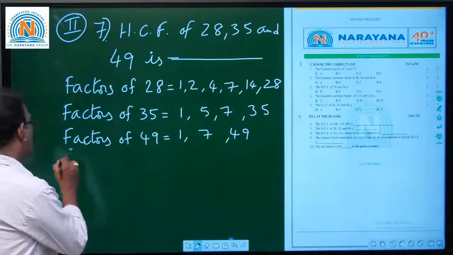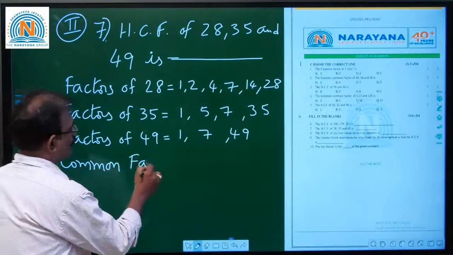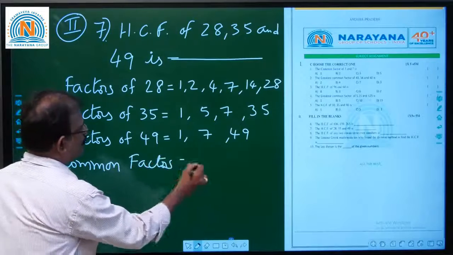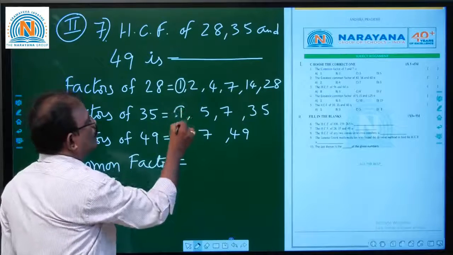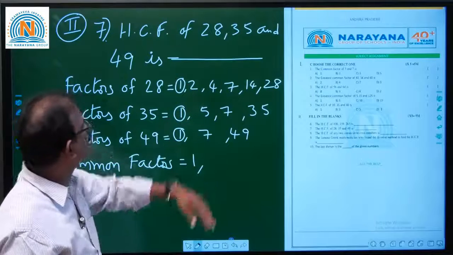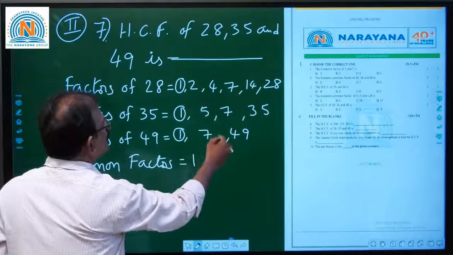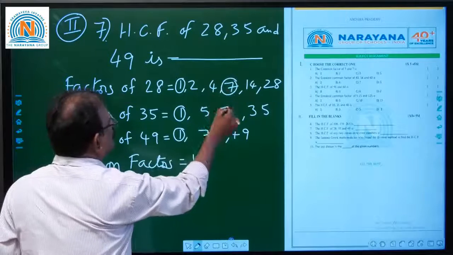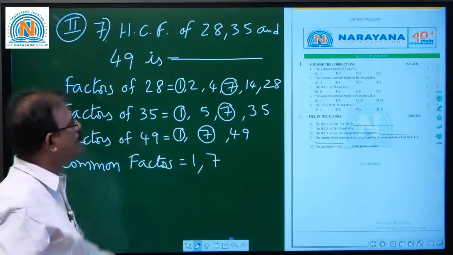Now what are the common factors among all? 1 is the common factor. Any other? 7 only is the next common factor, that's all.